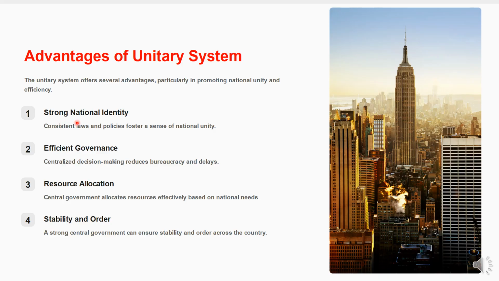A strong national identity: a unitary system can promote a strong national identity and unity. Centralized decision making reduces bureaucracy and delays. Decisions can be made quickly and efficiently without needing to consult multiple levels of government.